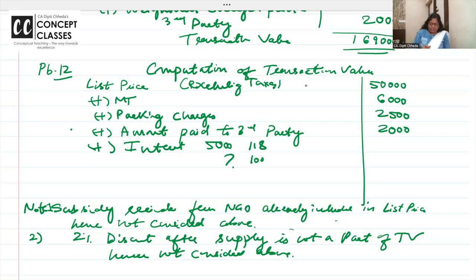If interest is 5,000 including GST, how much is it excluding GST? 4,237 plus 4,500 plus 6,000 plus 50,000. It's coming to 64,737.